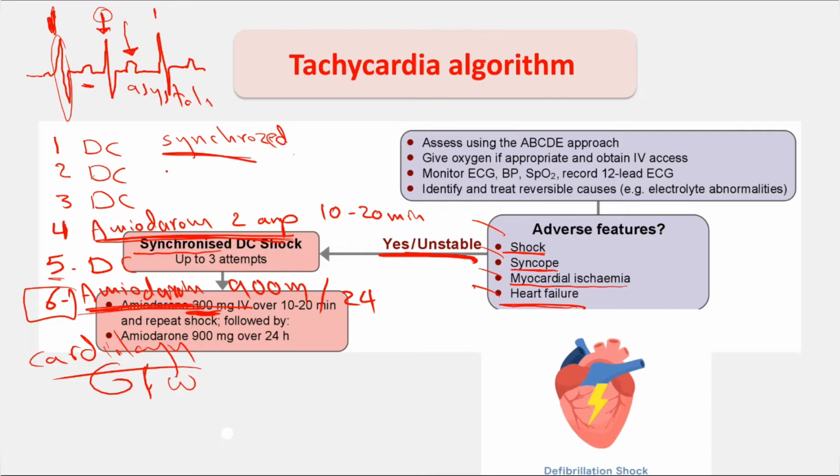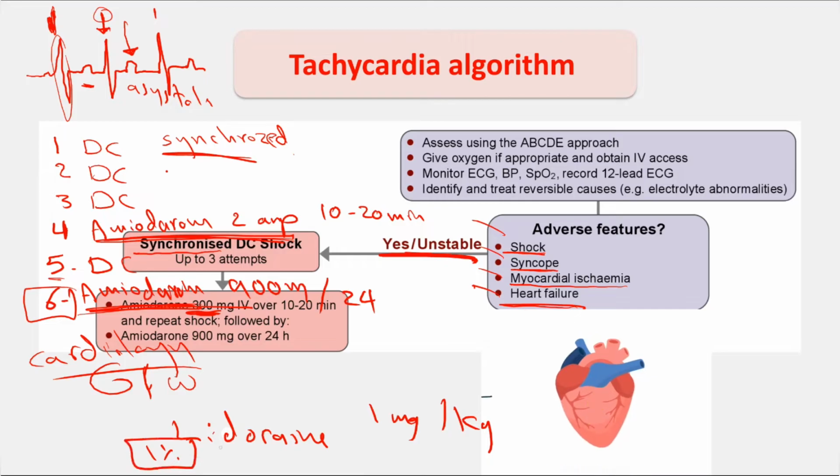Is there a substitute for amiodarone? What if the amiodarone is not available? Instead, you can give lidocaine. Lidocaine ampoule, you have to give 1 milligram per each kg. When you say lidocaine or xylocaine 1%, it means per each ml you have 10 milligram.